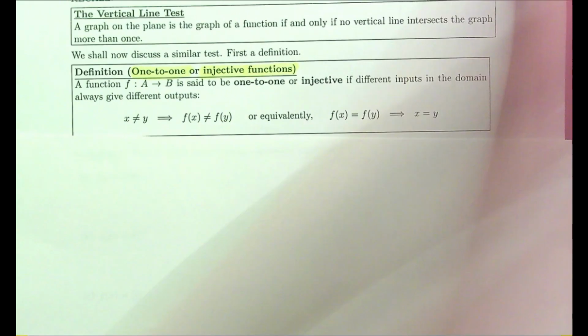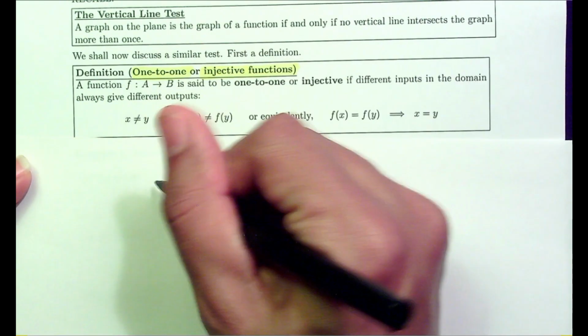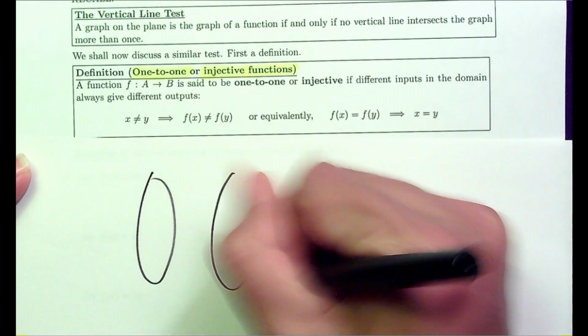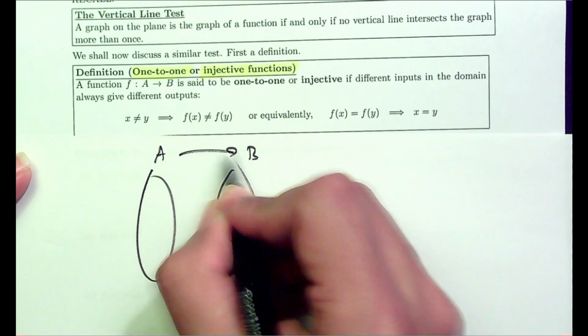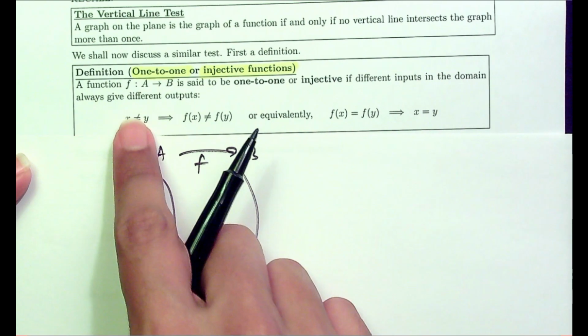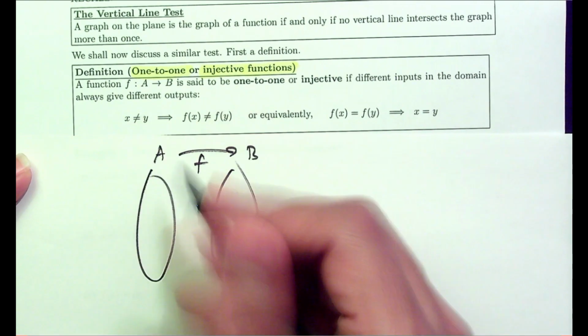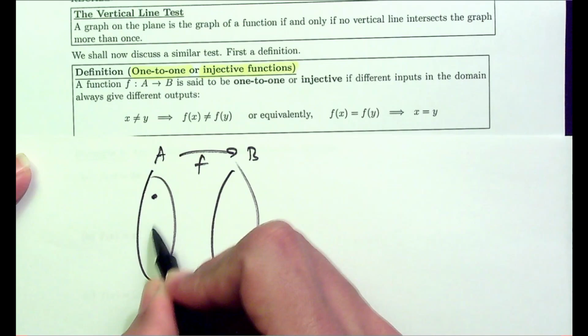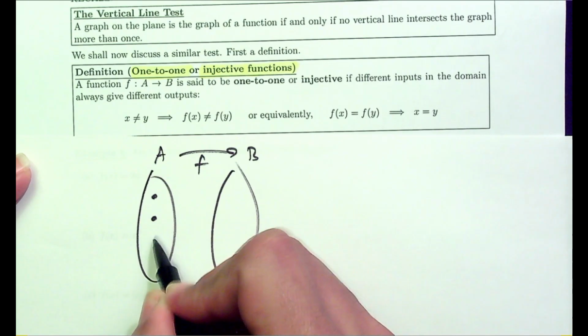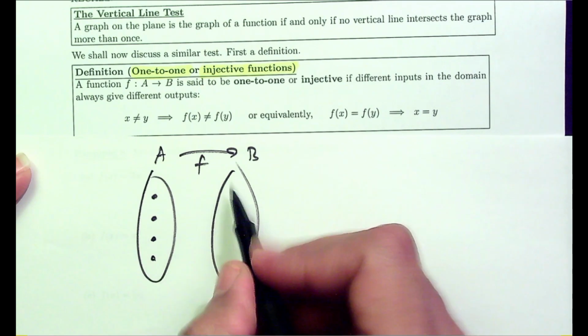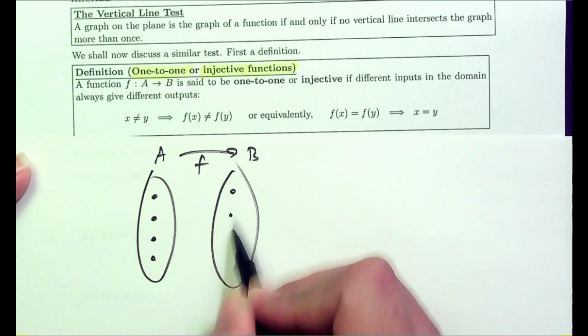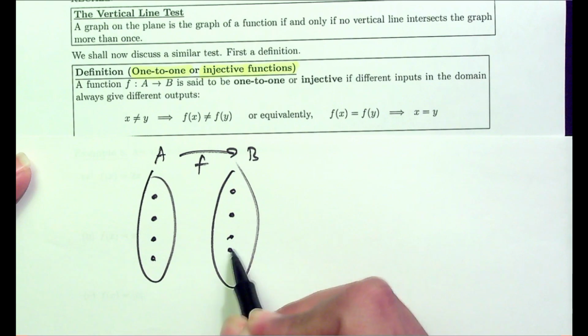If you remember one of the basic ways of representing functions using arrows, suppose this is A, this is B, and this is my function f. Whenever I start with two different inputs, then the corresponding outputs must also be different.